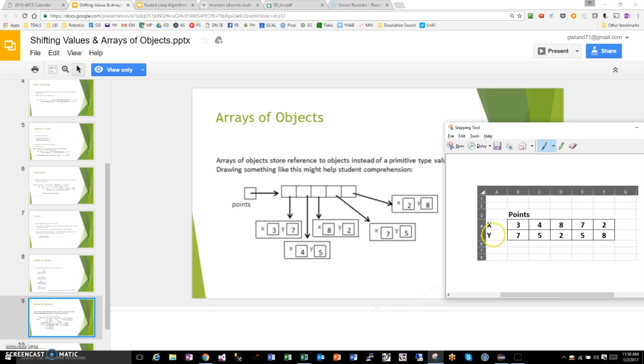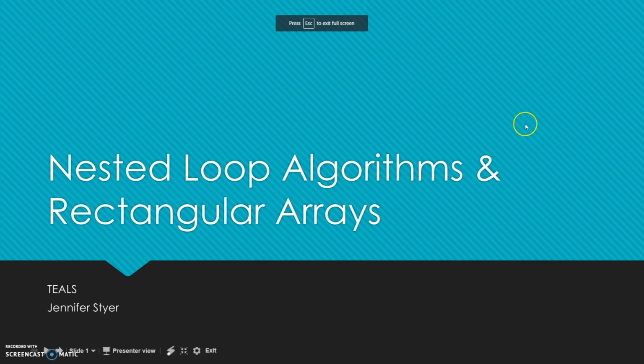By representing the columns as points and the rows as X and Y, I stored the exact same data set, right? So 3, 7 is point 1, 4, 5 is point 2, 8, 2, and so these are two equivalent ways of storing the same data.